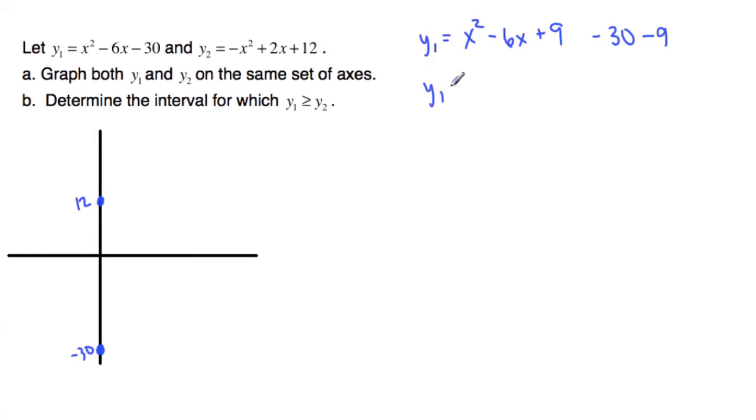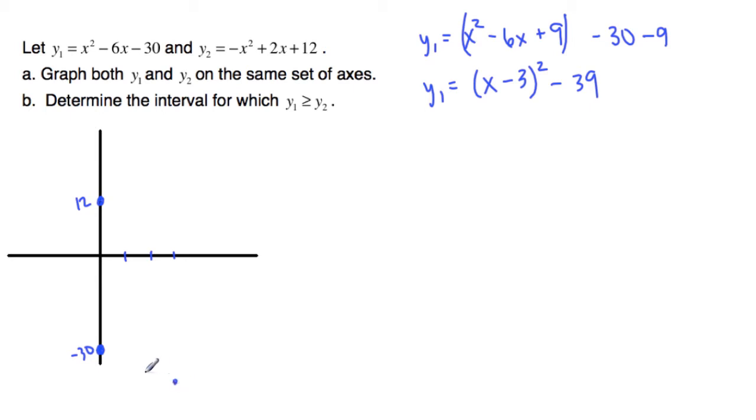So now y1 is equal to (x - 3) squared minus 39. You can see that this is the exact same thing as the original, except written as a perfect square. So this first function is going up, and it's moved 3 units to the right, so 1, 2, 3, and it's down 39.